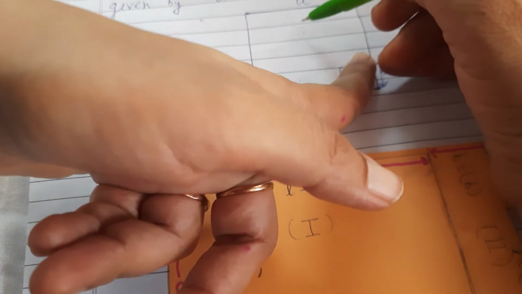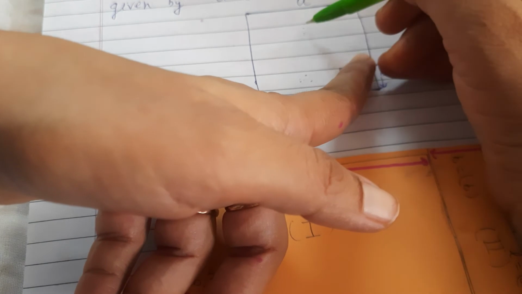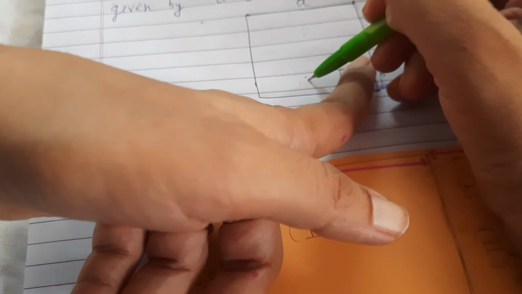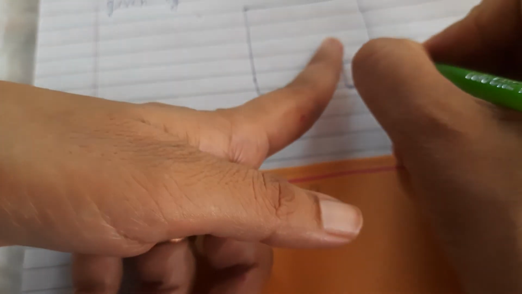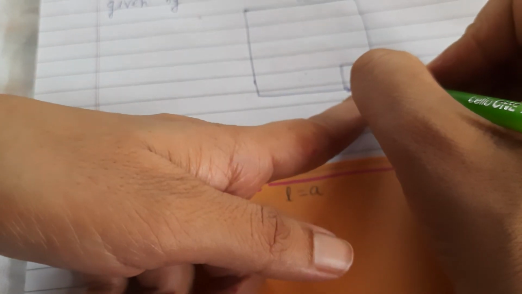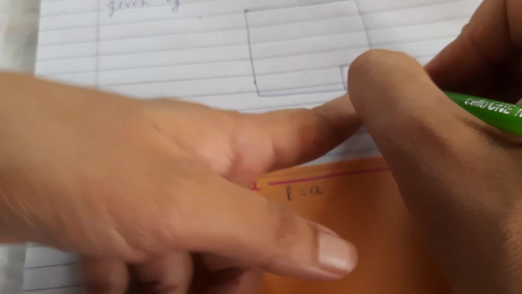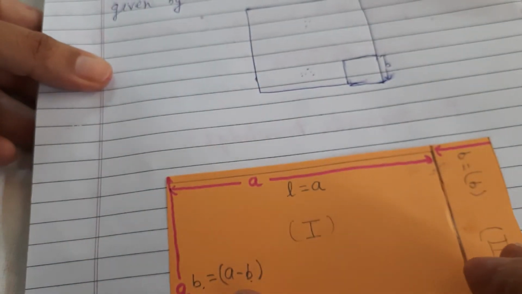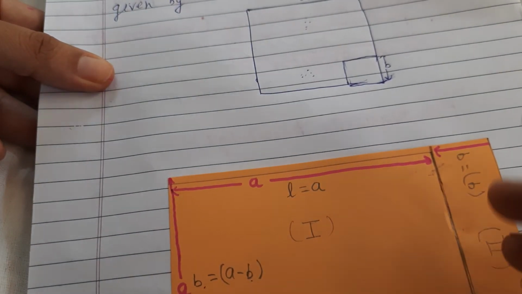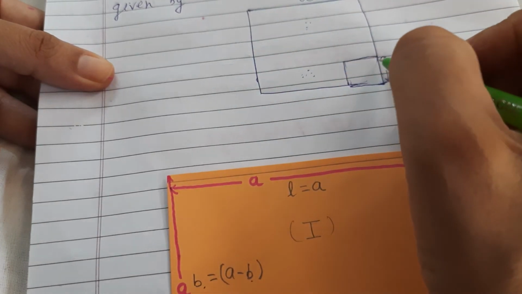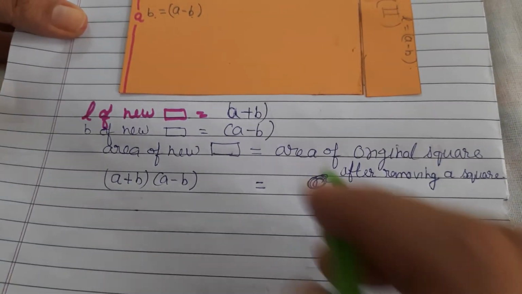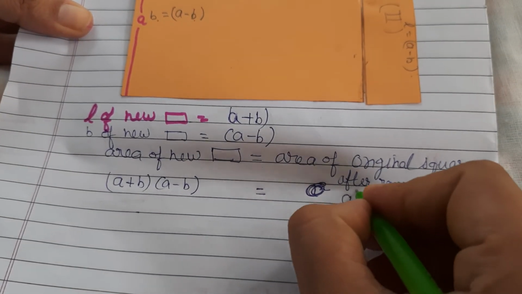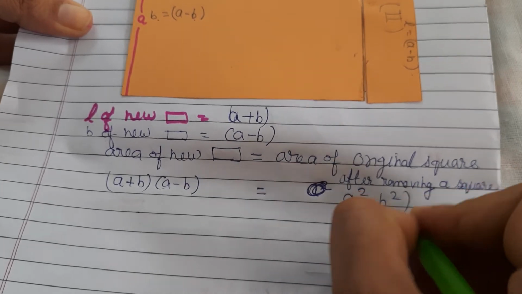What will be the area? It will be A square minus this area, which is B square. So we can say the area of these two rectangles is equal to the area of the original square after removing the smaller square. Here we are writing A square minus B square.